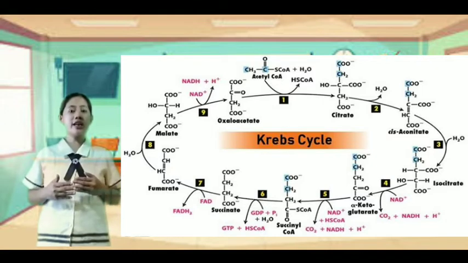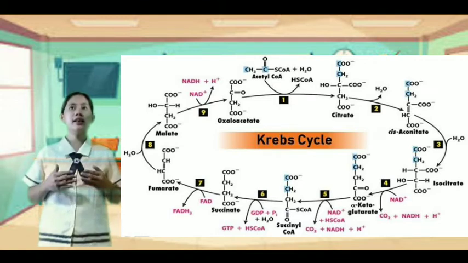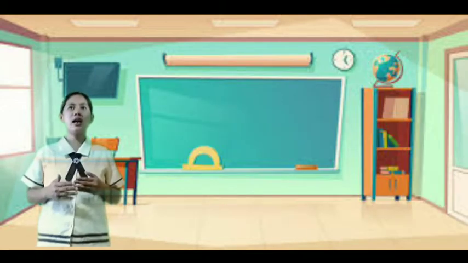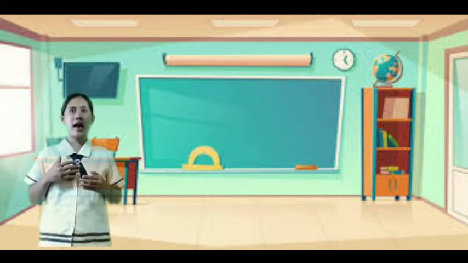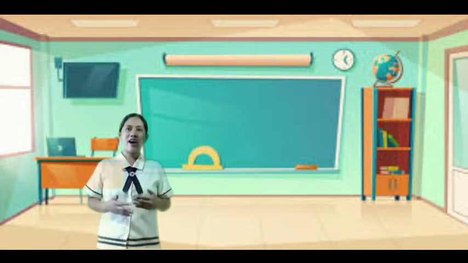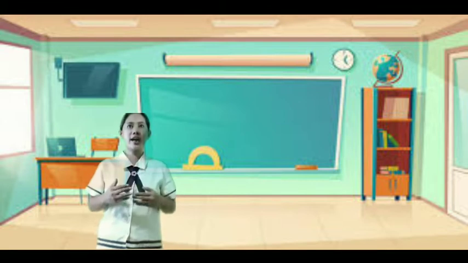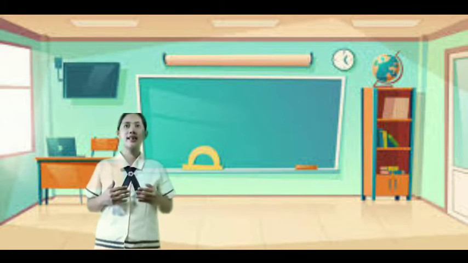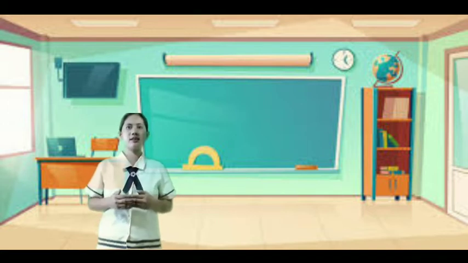After a quick rearrangement, this 6-carbon molecule releases 2 of its carbons as carbon dioxide in a pair of similar reactions, producing molecules of NADH. The enzymes that catalyze these reactions are key regulators of the citric acid cycle, speeding it up or slowing it down based on the cell's energy needs.